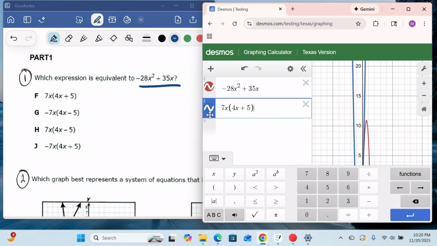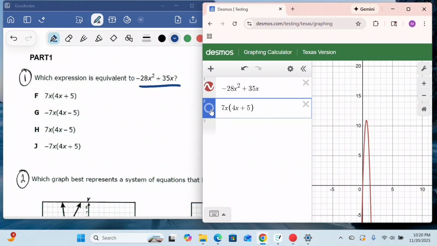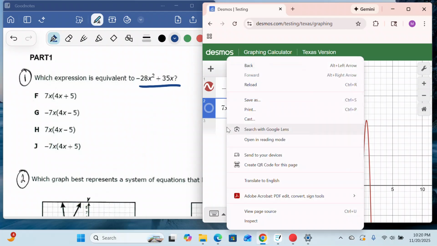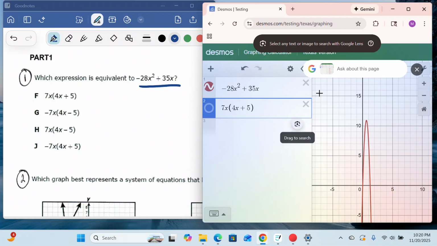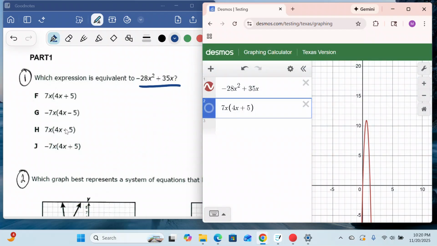So I know automatically this is not a correct answer, so then I would take it out, and I would recommend leaving the problem there. If you make a mistake in inputting, you can go ahead and input the correct one.